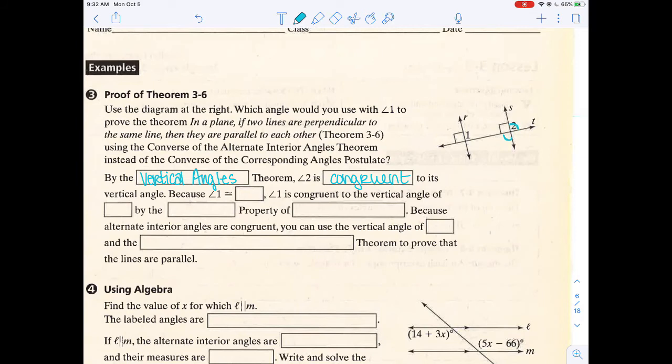Okay, because angle 1 is congruent to angle 2, angle 1 is congruent to the vertical of angle 2 by the transitive property of congruence.